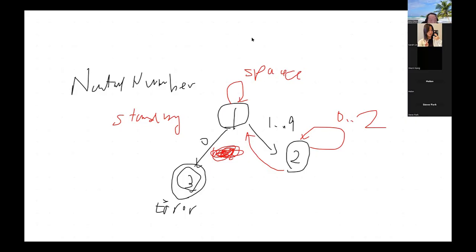Let's consider this a simple case. So we have 3 states, assuming that we have only these 3 states.